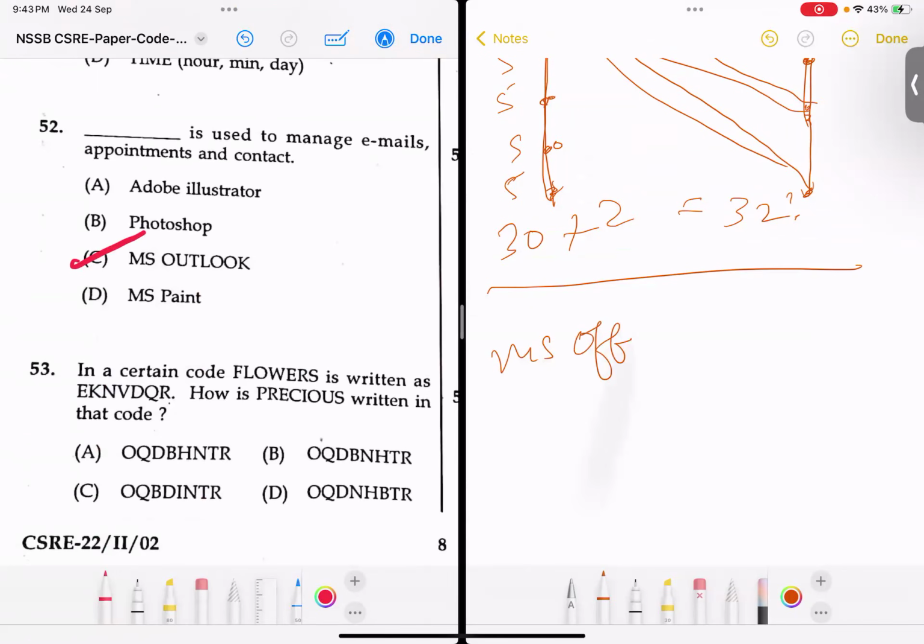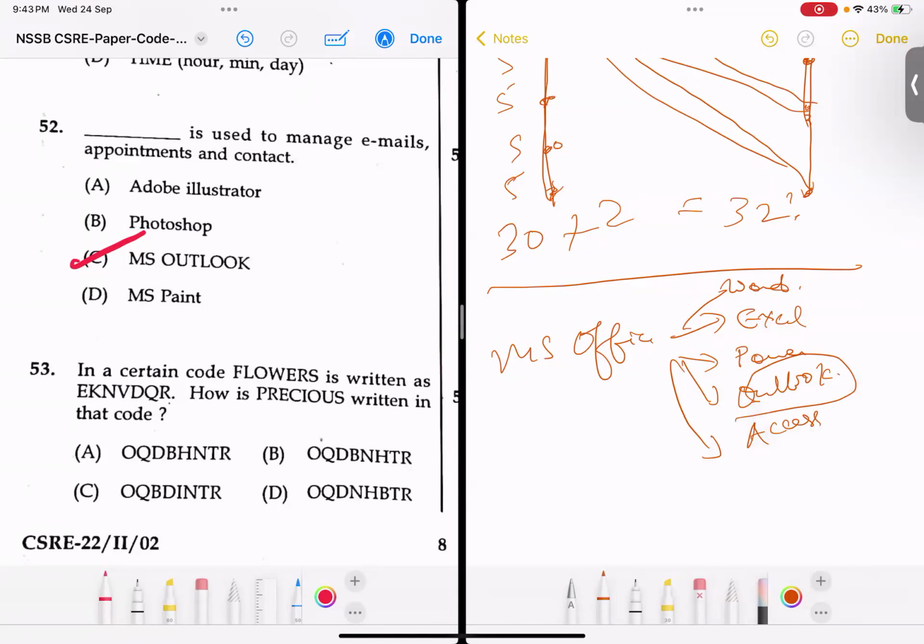We have Word, which is used to make Word documents. We have Excel, which is used to make spreadsheets. We have Microsoft PowerPoint, right? Which is used to make slide presentations. And we have what is known as MS Outlook, as well as MS Access also. So MS Outlook is responsible for emails, appointments, and contacts, okay?